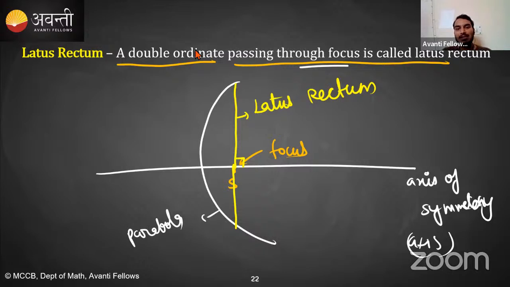Clear? Many students get confused between the latus rectum and the double ordinate, so that's why I'm separating the two. This latus rectum is also a double ordinate. Don't get confused, but not all double ordinates can be the latus rectum. Yes or no? Are you getting the difference between the double ordinate and the latus rectum? A special double ordinate which is passing through the focus is known as the latus rectum.